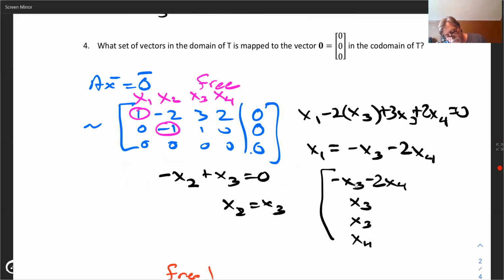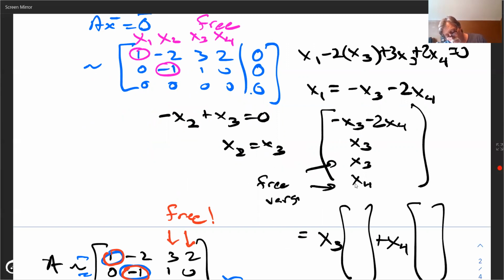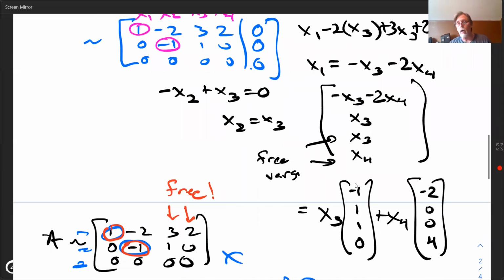These two are free variables, but when you write it in vector form, which is nice, you take out the coefficients of x3 and x4, so it's -1, 1, 1, 0 for x3, and -2, 0, 0, 1 for x4. So that's the actual solution. All infinite number of these vectors map to 0.